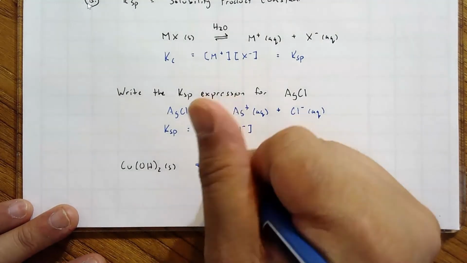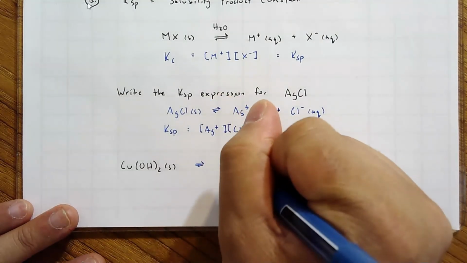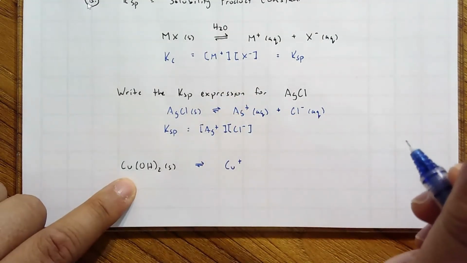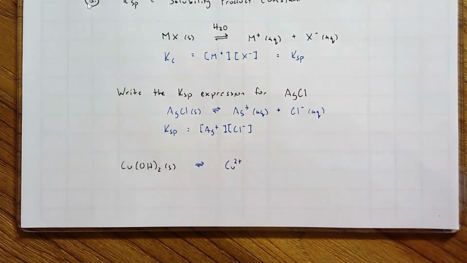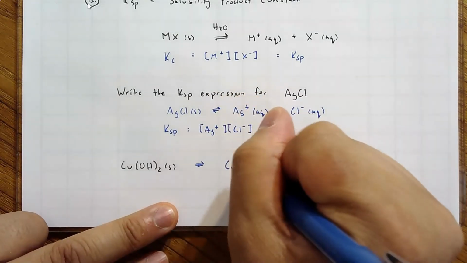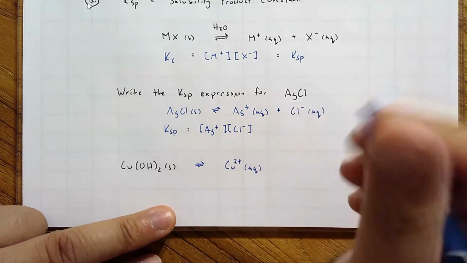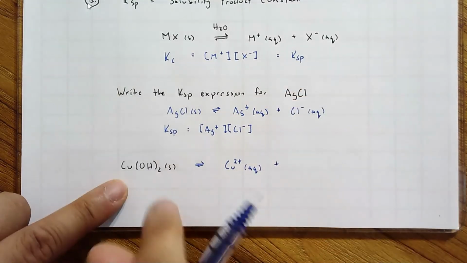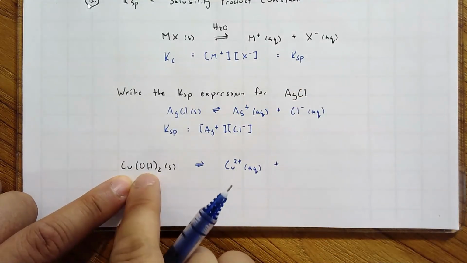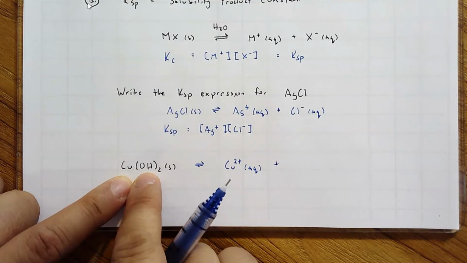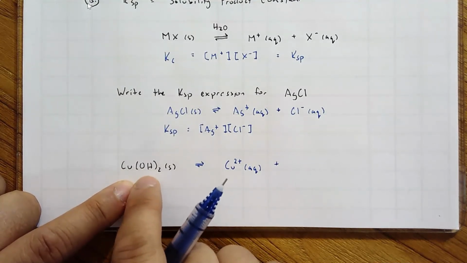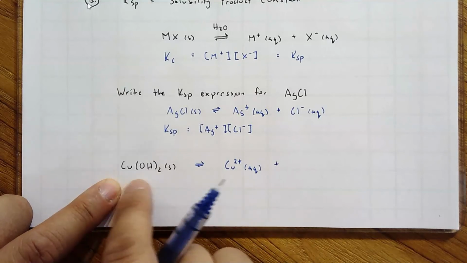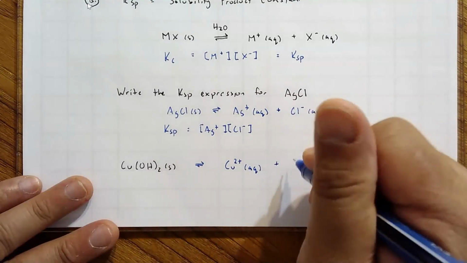Okay. We have copper. It is plus. No, it's actually 2+. So this is why it's important to write the chemical equation. Remember that the 2 represents two molecules of OH- per one molecule of Cu(OH)2.